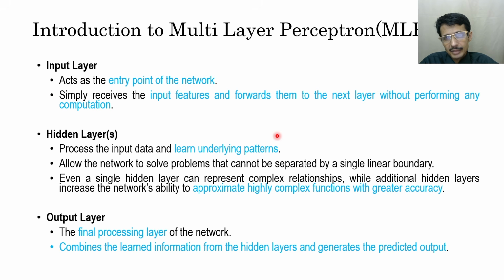So this is the basic role. Finally, our output layer is the final processing layer of the network, and it combines the learned information from the hidden layers and generates the prediction. So we understand the basic roles of the input, hidden, and output layers.